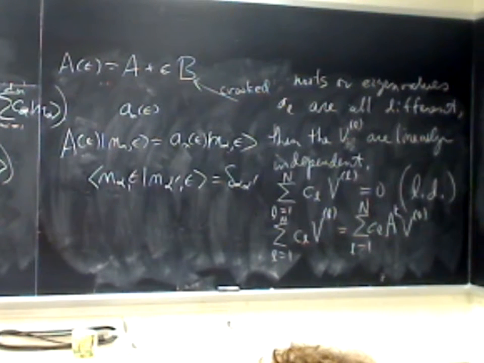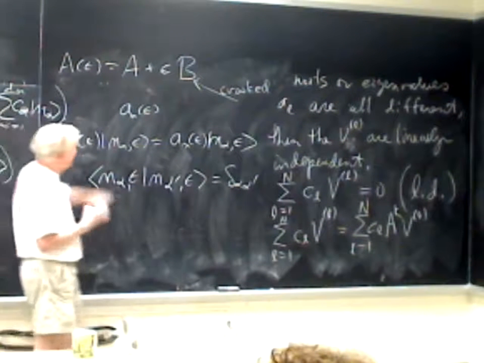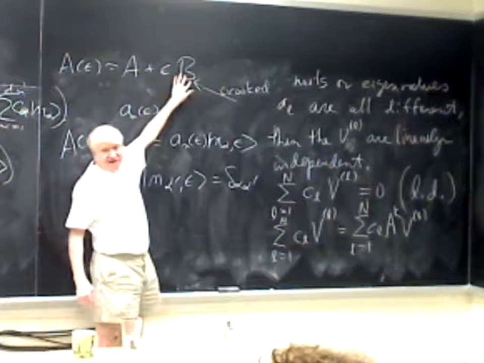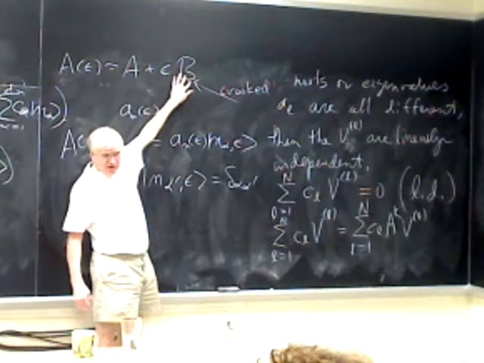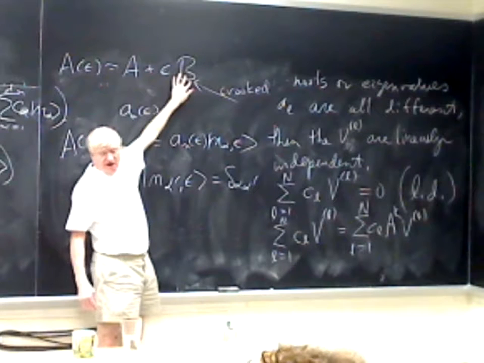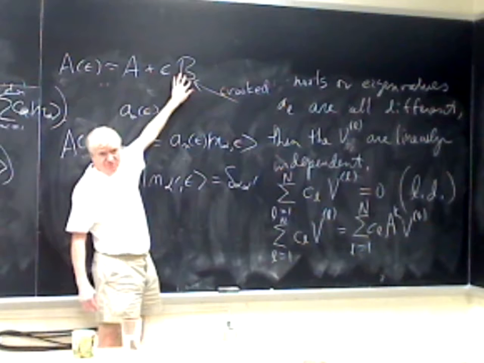And in fact, this is what one does in practice in quantum mechanical problems where you have a symmetry. It's often true that the thing you add is some perturbation that breaks some of the symmetry.